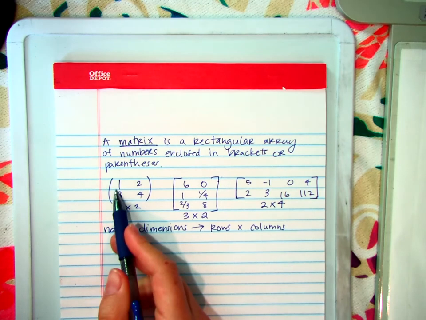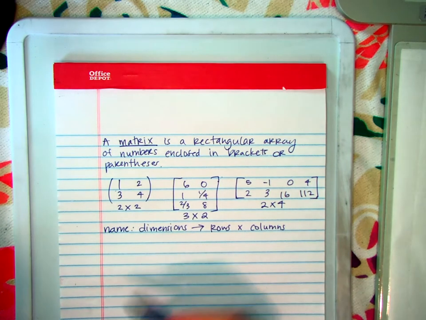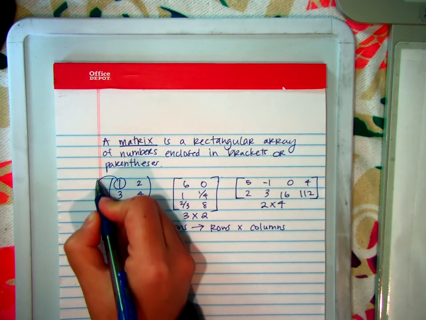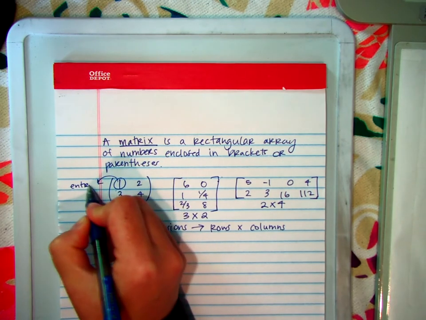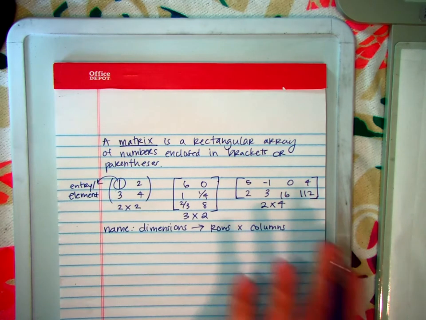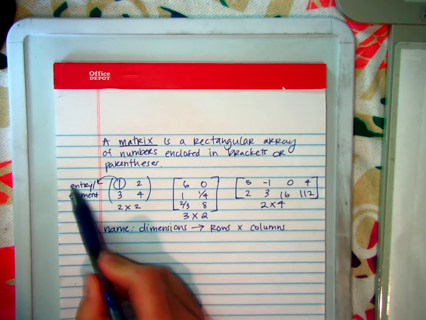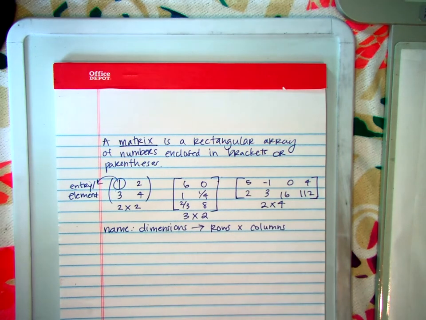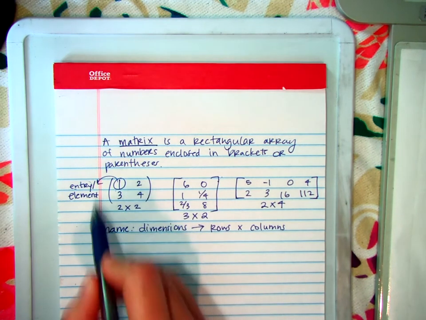Now, each of these numbers within the matrix is called an entry, or sometimes an element. So this is an entry, sometimes called an element. Again, it just depends on who's talking. I like to call them entries. They could be called elements, it doesn't matter. Let's look at this matrix here.